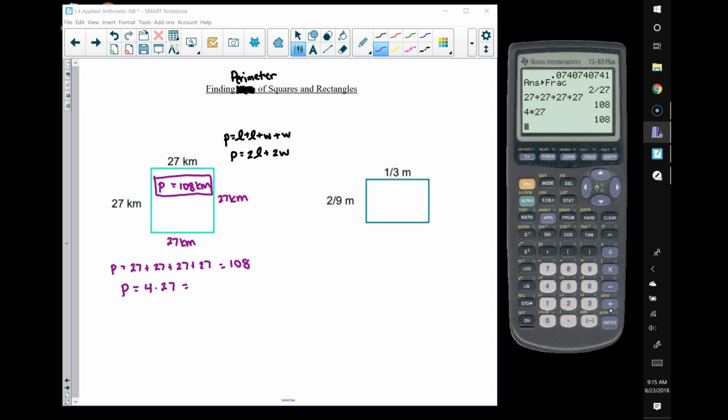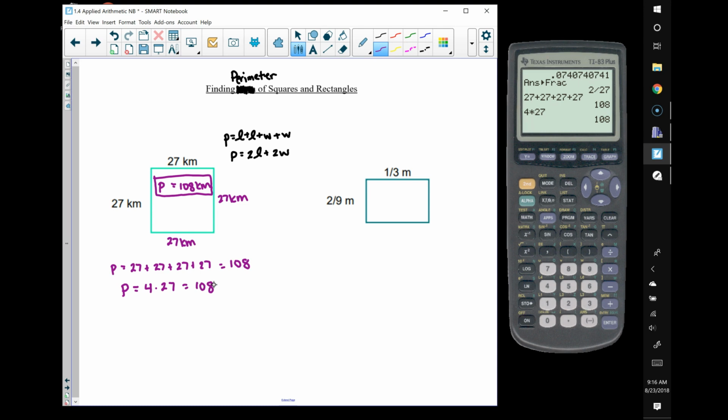It's important to realize that adding and multiplying relationship. If you're adding up a bunch of stuff, you're really multiplying that thing that many times. So that connection between adding and multiplying is valuable. It saves you time, and it's going to lead into more things that need that little trick. So instead of just adding all that up all the time for squares, try to just multiply that by 4. You'll get the same answer, and that's okay.